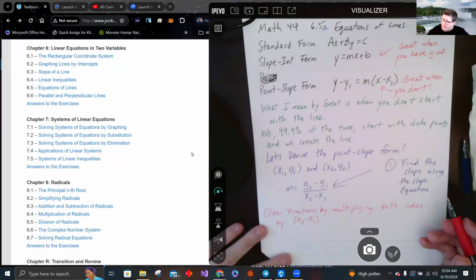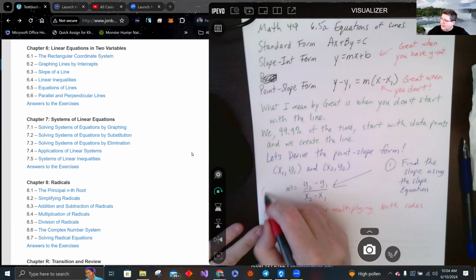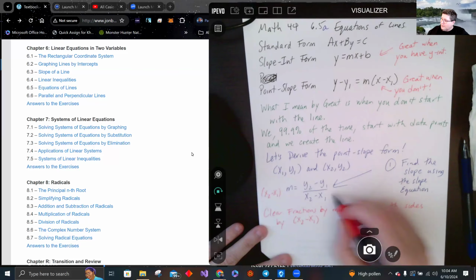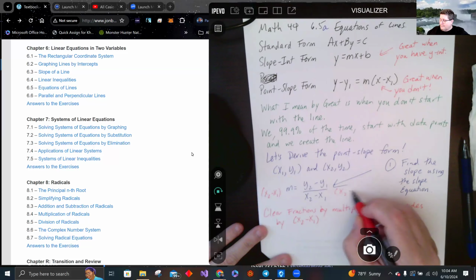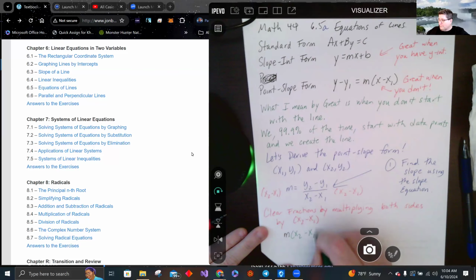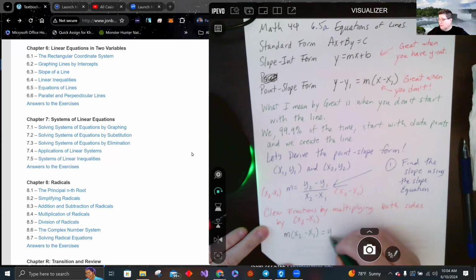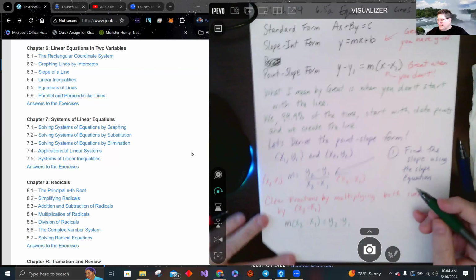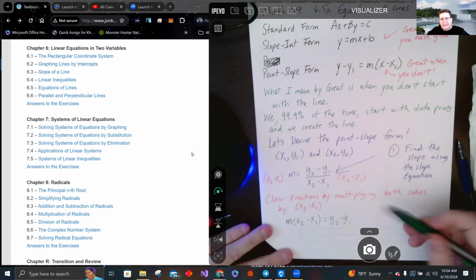If I multiply this by x2 minus x1 and this by x2 minus x1, I get m times x2 minus x1 equals y2 minus y1. And then we only need 1 point to make the line.